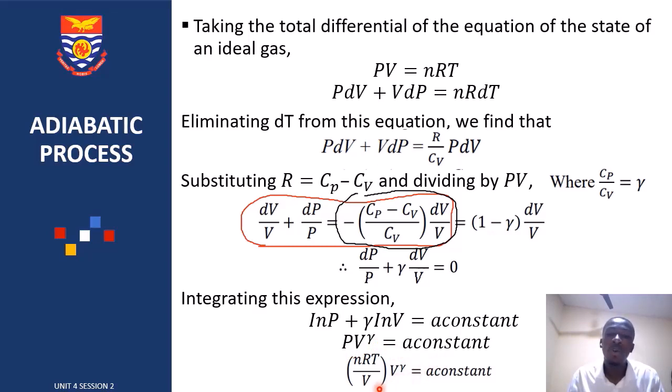We already know from our ideal gas equation that P is equal to nRT over V. So we can represent P as this whole thing that we have here and bring our V here too, so that it will multiply this particular V, and we get a constant.